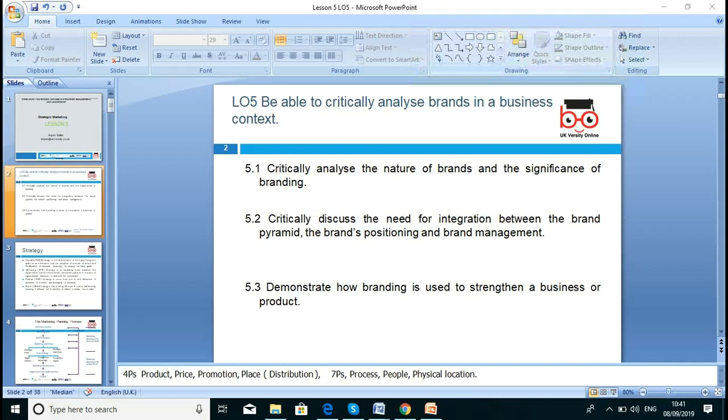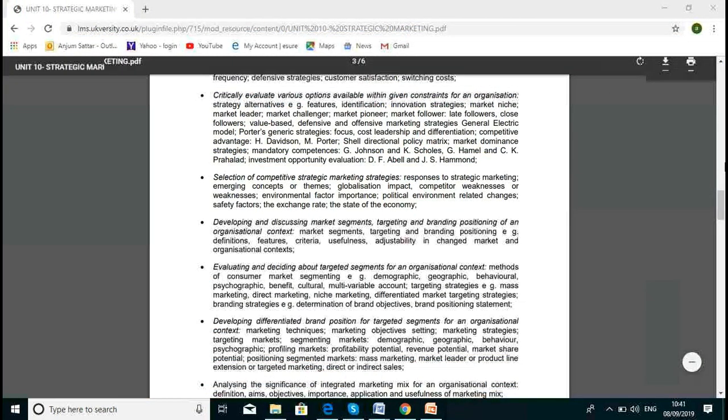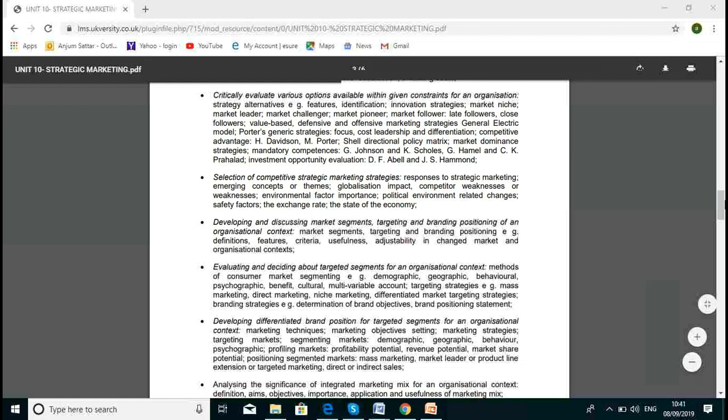Before starting the lesson, we'll go through what we covered in the previous lessons and the assessment criteria.